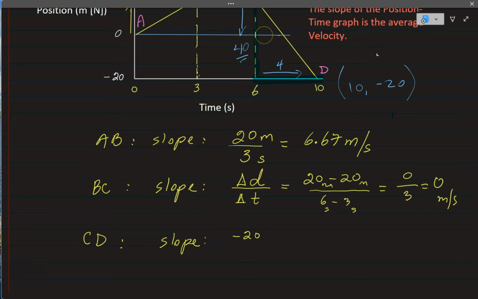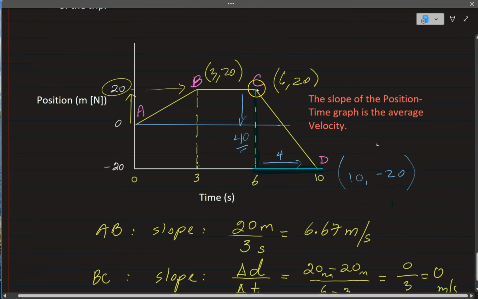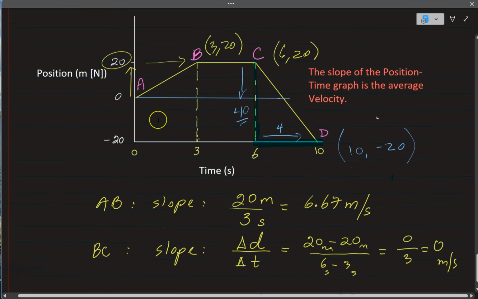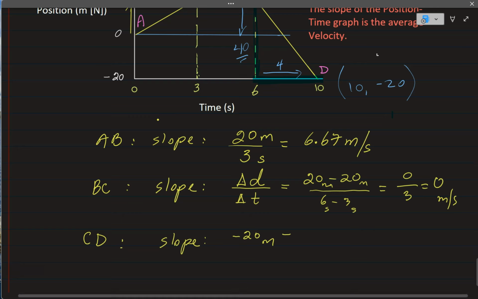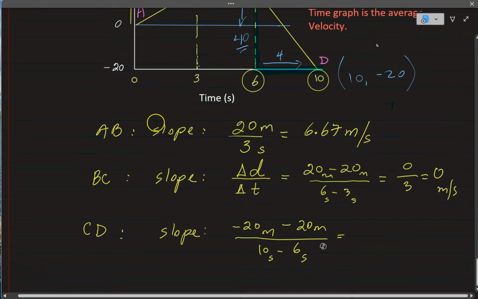Negative 20 meters, minus the initial displacement, which was 20 on top right here. At point D it ends up with negative 20 in terms of position. Now the time goes from 6 to 10, so 10 seconds minus 6 seconds, and now you do the math.